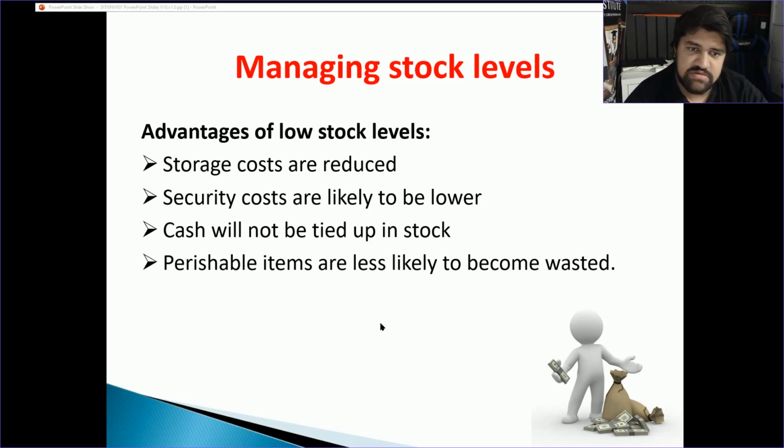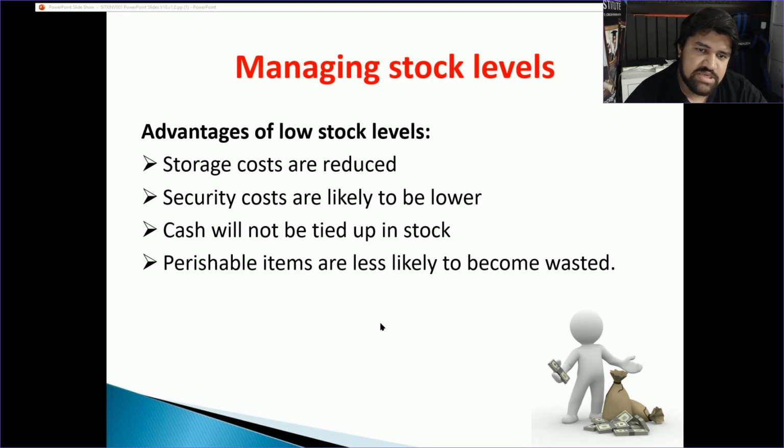Locks, cameras, all these things cost, right? There's also the matter of not having too much cash tied up in too much stock, right? And then we're thinking about, okay, if we've got too much stock, this might get wasted a lot quicker than you think. So those are the advantages when you have a small amount of stock.